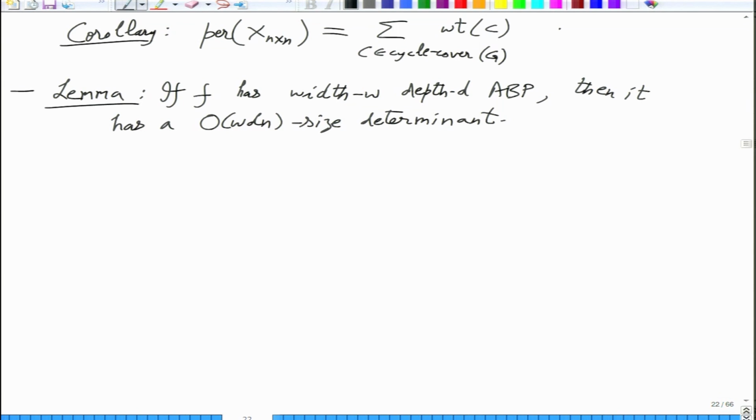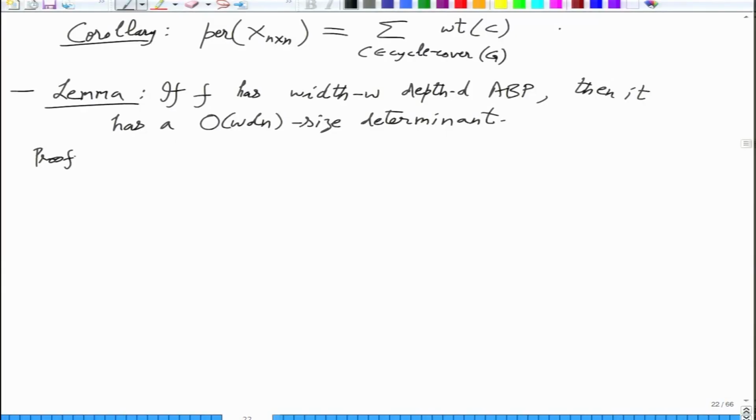I'm not sure why we are multiplying everything, but we'll see in the proof. So the graph we will get will probably have WDN vertices. Right. So you first look at the ABP where the width becomes WN, and there are D layers, each with WN vertices. So you get the product of everything. That is the number of vertices in your graph, so the adjacency matrix will have that as dimension. That is your determinantal complexity. Prove this. It's the last lemma today.